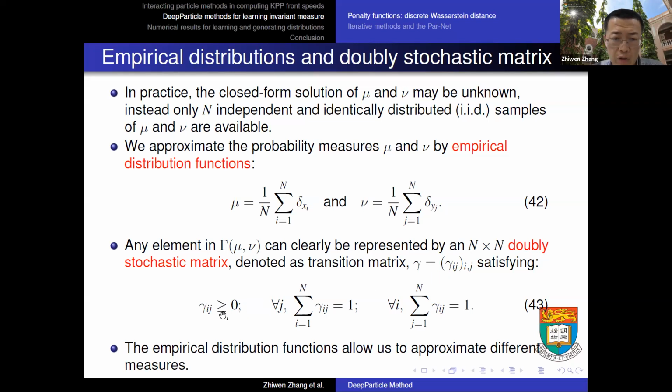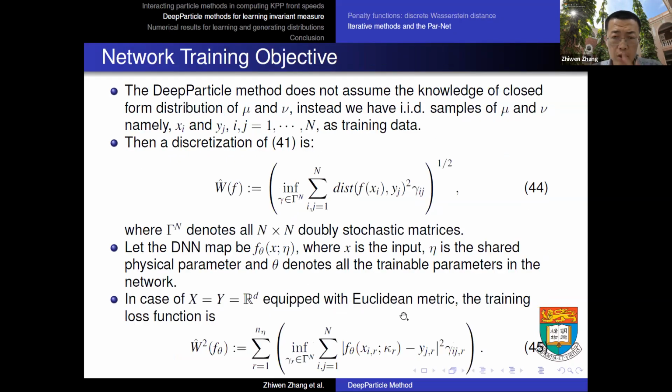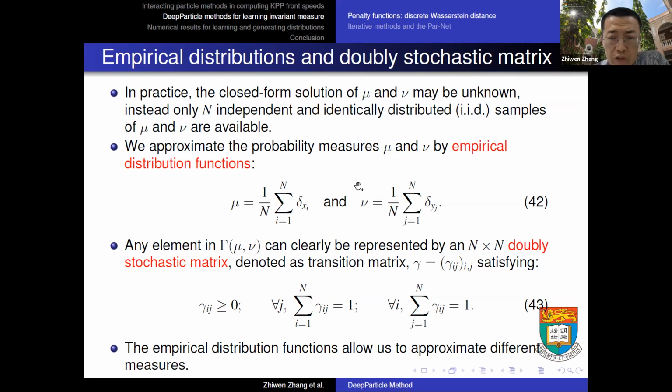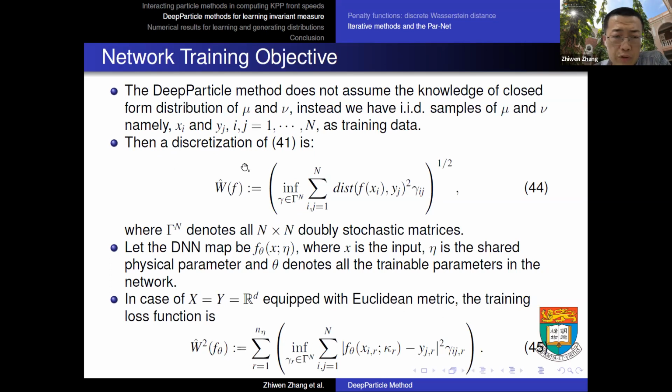All elements are non-negative, with an additional constraint such that the marginal distributions are probabilities. This empirical distribution has some freedom that allows us to approximate different measures. So in this discretized setup, we can discretize the Wasserstein distance in this way.